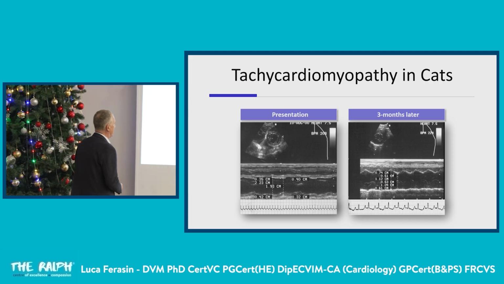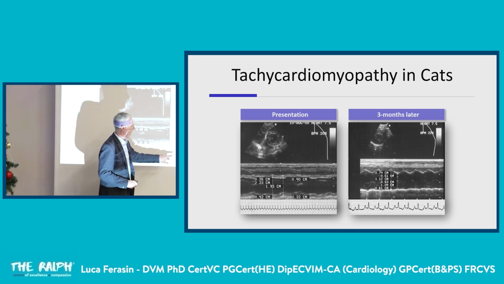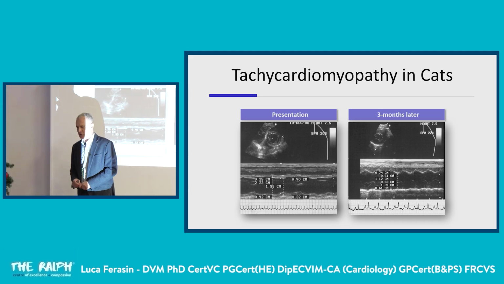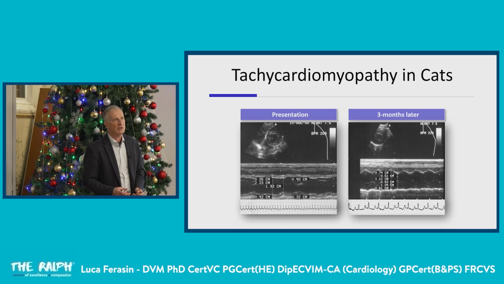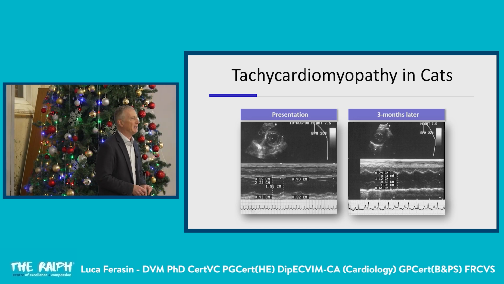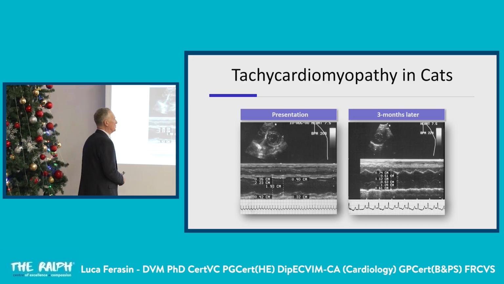And the cat presented with this supraventricular tachycardia. I think we are around 340, 350 beats per minute here. We managed to convert it into sinus rhythm again. And if I remember correctly, this was converted with digoxin, something that I would be quite scared to use nowadays. But at that time, we didn't have much else to use.